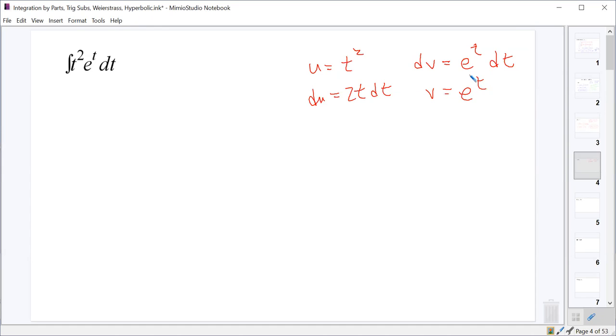And so now the integral of this should be u times v, which is t squared e to the t minus the integral of v du, so minus the integral of 2t e to the t dt. Good or no?